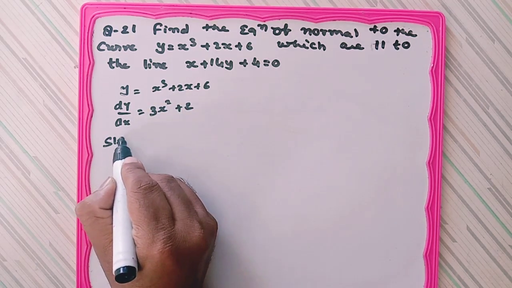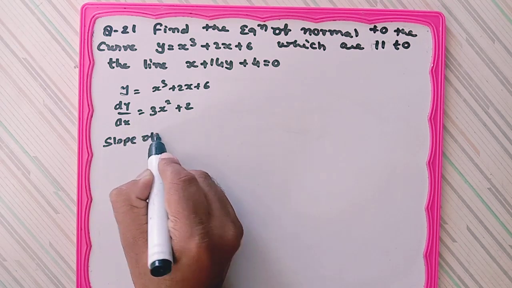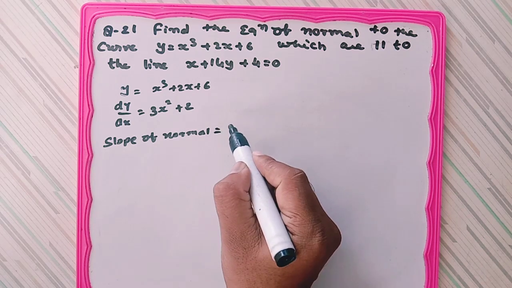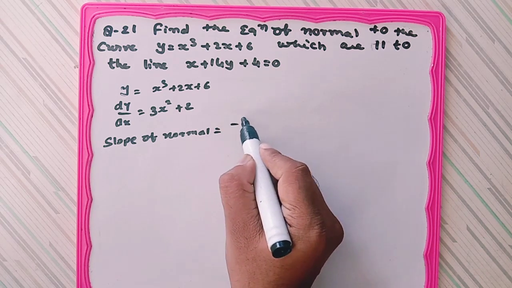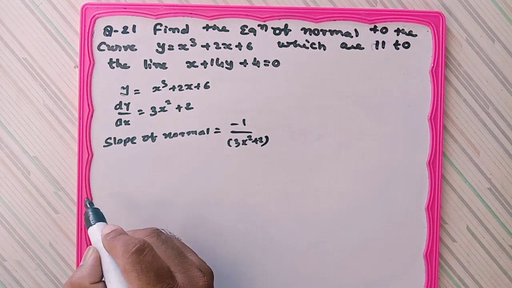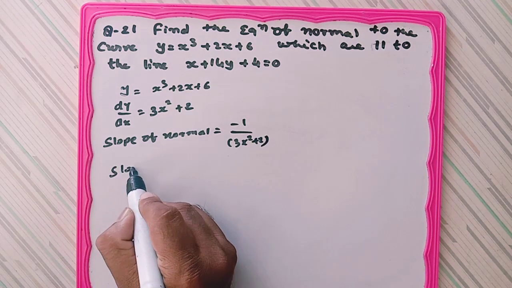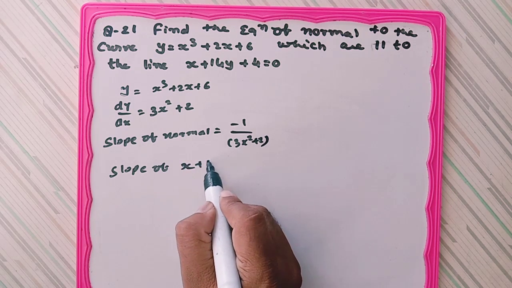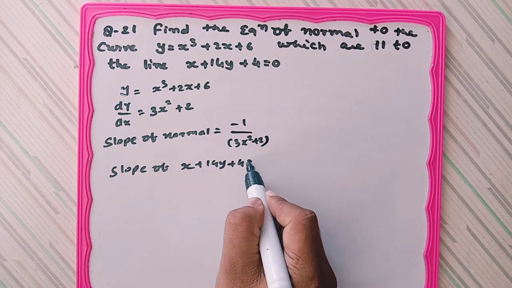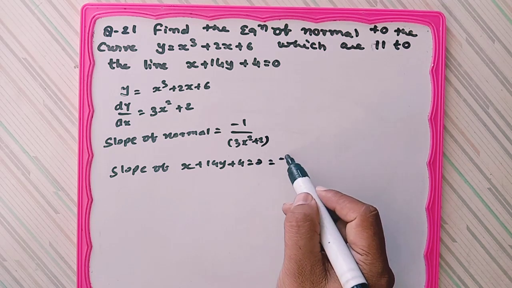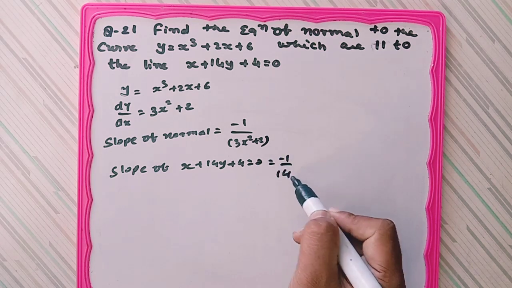And so the slope of the normal will be minus 1 upon 3x² plus 2. Now the slope of the line x plus 14y plus 4 equals 0 is minus a upon b, and so minus 1 upon 14.